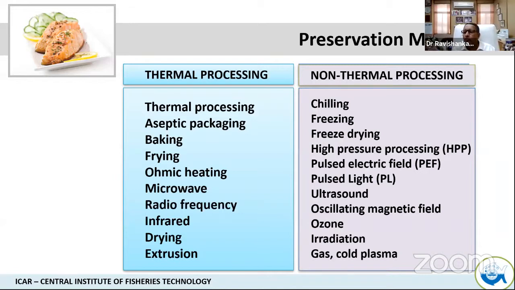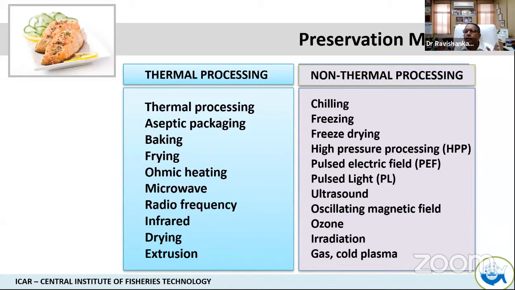When I'm talking of preservation and packaging, you can divide it into thermal and non-thermal. Conventionally, chilling and freezing are non-thermal processing where we are not applying heat. It can be pulsed electric field, pulsed light, or ultrasound. There are so many advanced technologies coming up. In thermal processing, where you apply heat, it can be canning, frying, or microwave, a lot of technologies.